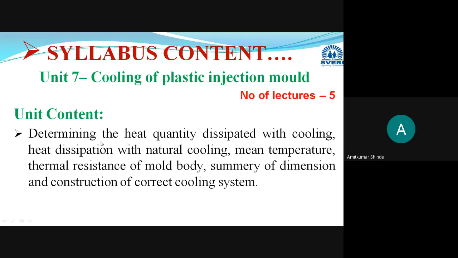Then the heat dissipation with the natural cooling, then the concept of mean temperature, then thermal resistance of a mold body, and then summary of dimension and constructions of the current correct cooling systems.